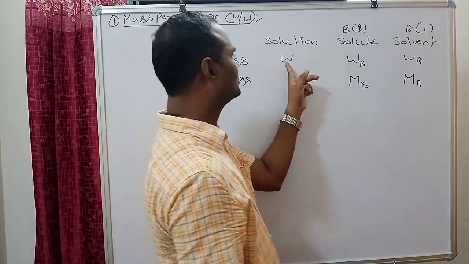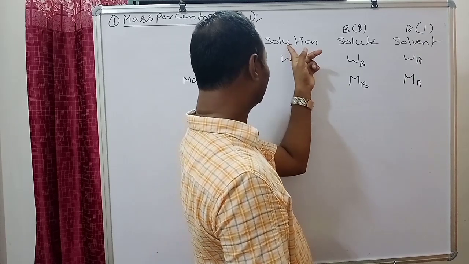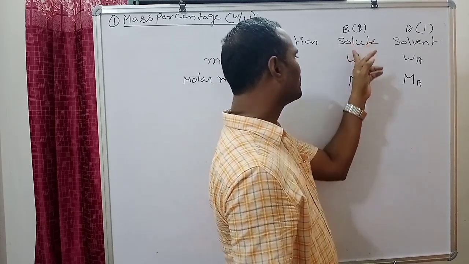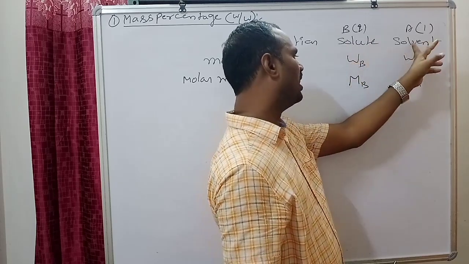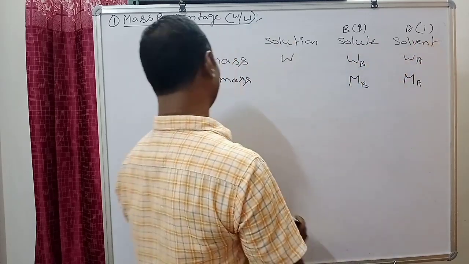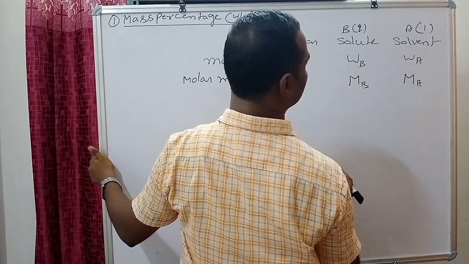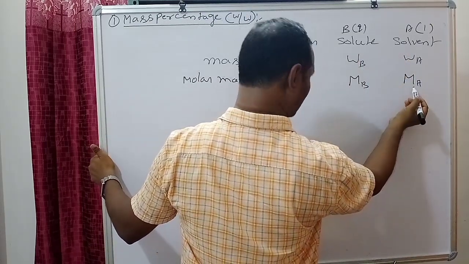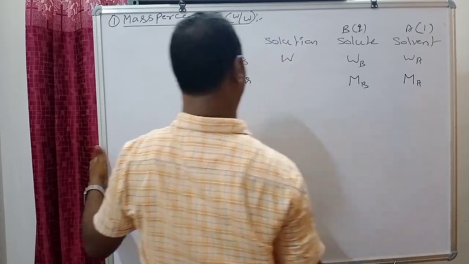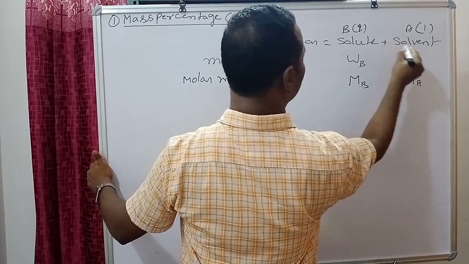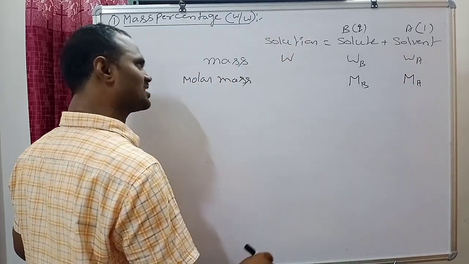Mass of solution is W, mass of solute WB, mass of solvent WA, molar mass of solute MB, molar mass of solvent MA.